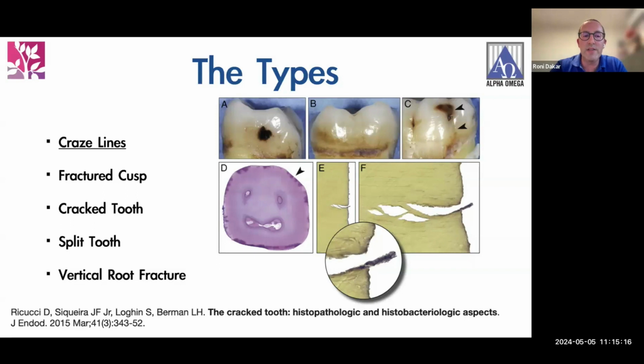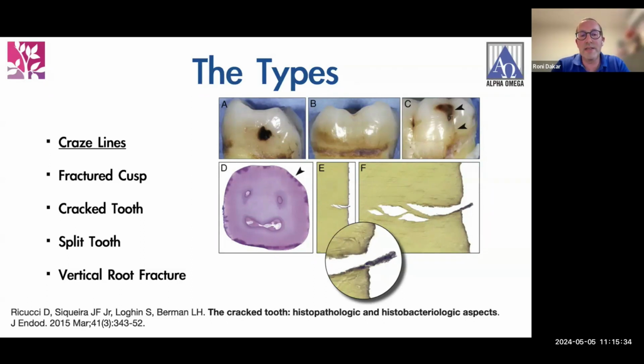Our problem in diagnosis begins when there are only mild symptoms from the area, because the craze line might mislead us, as I said earlier, into thinking that the tooth is cracked.